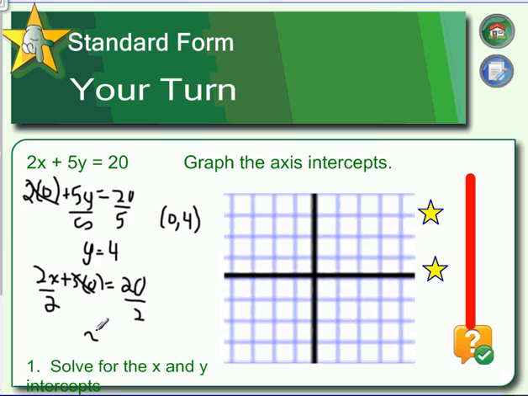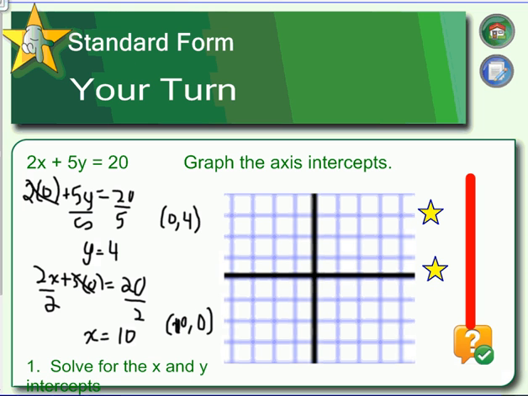So I'm going to get x equals 10. So my next point will be 10, 0. That's a 1, a wonky one, but a 1.